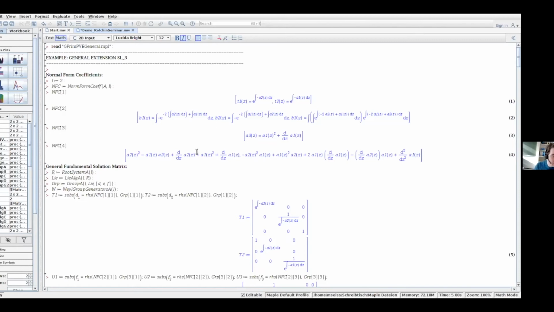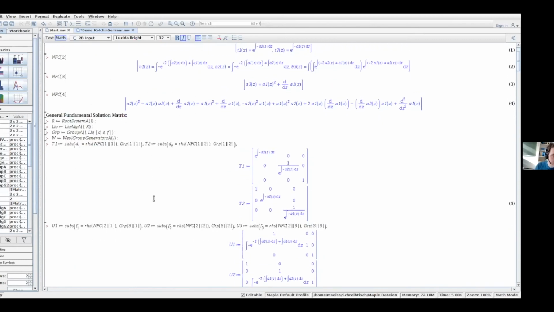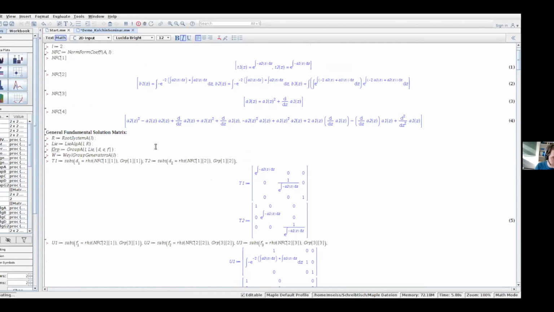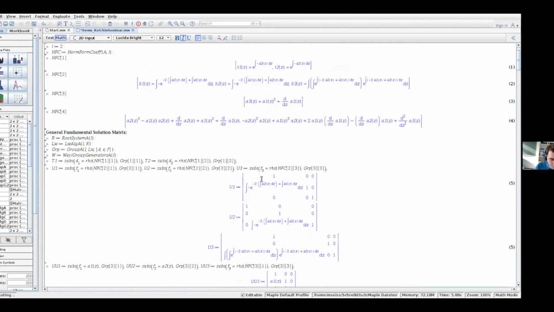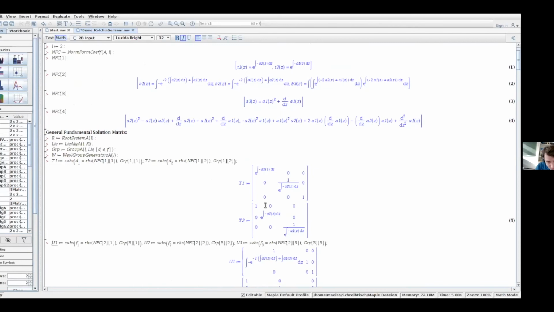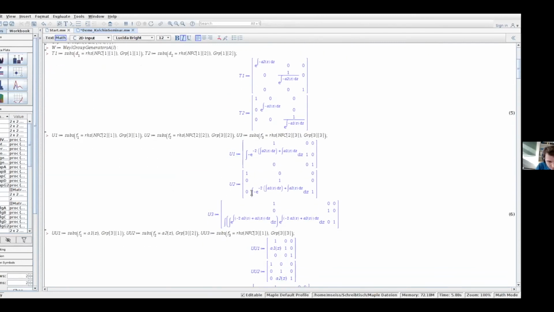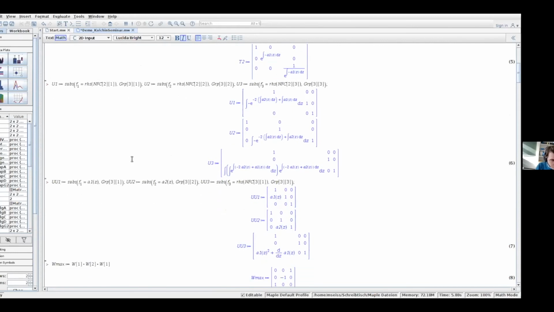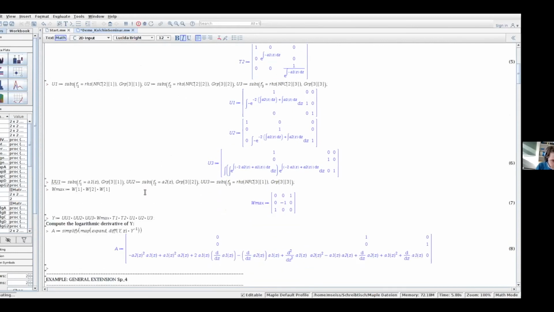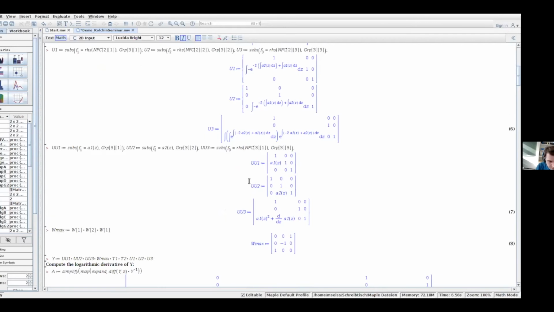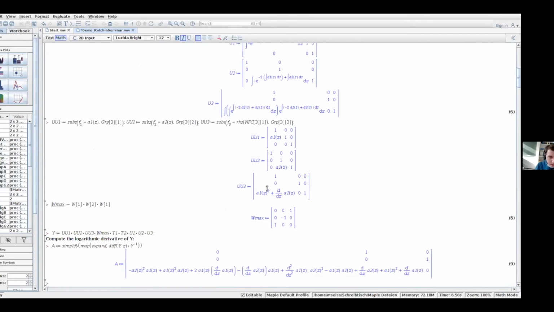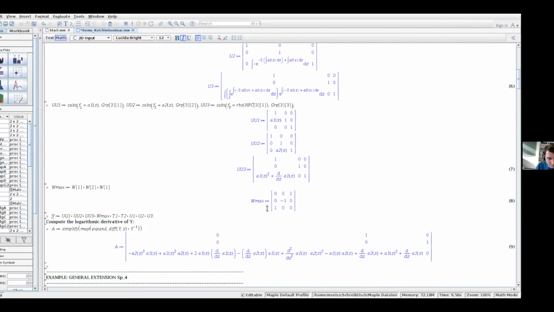Okay, so let's check if these computations are correct. So here are the matrices for the torus. Here are the matrices for the unipotent subgroup, for the first element of the unipotent subgroup, and here are the elements for the second one. And this is the maximal Weyl group element.